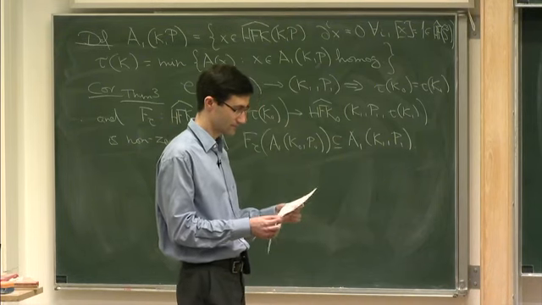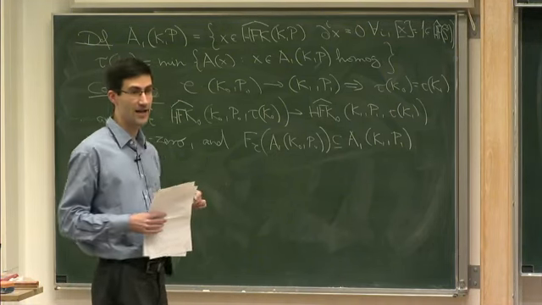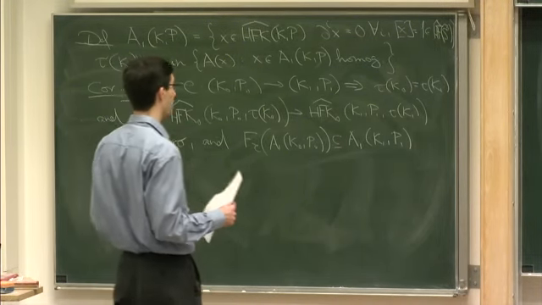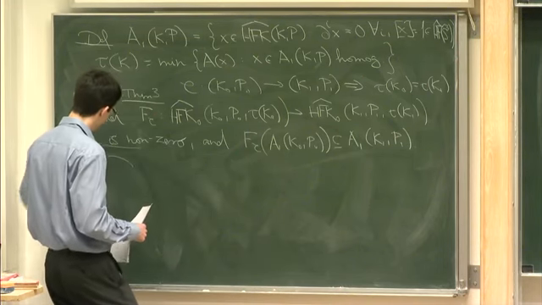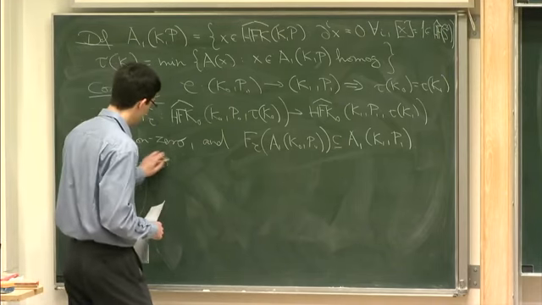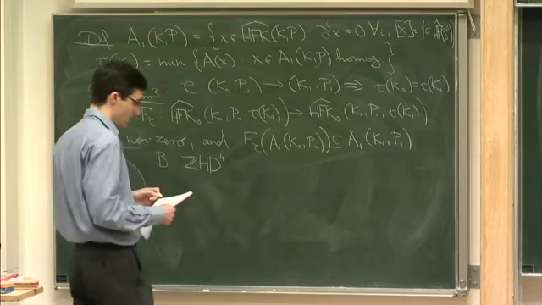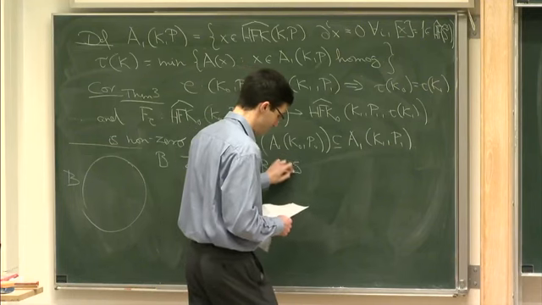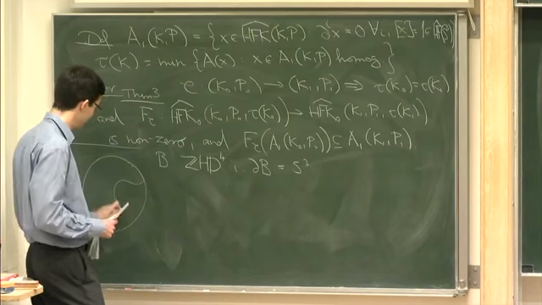So you can use this to get an invariant for slice disks the following way. So let's take B to be an integer homology 4-ball with boundary S3. And inside, let's take a slice disk. This is just a properly embedded disk.